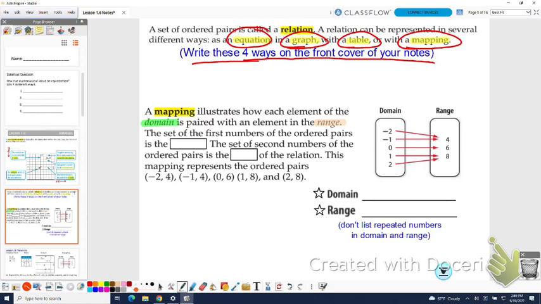The mapping diagram is kind of like this one, where you have 2 little bubbles and you have numbers inside them with arrows. So we'll talk about what that means. But you have to understand 2 words, which is domain and range.